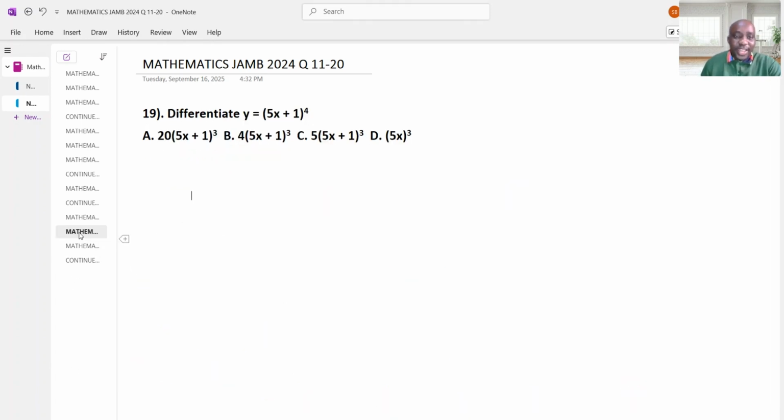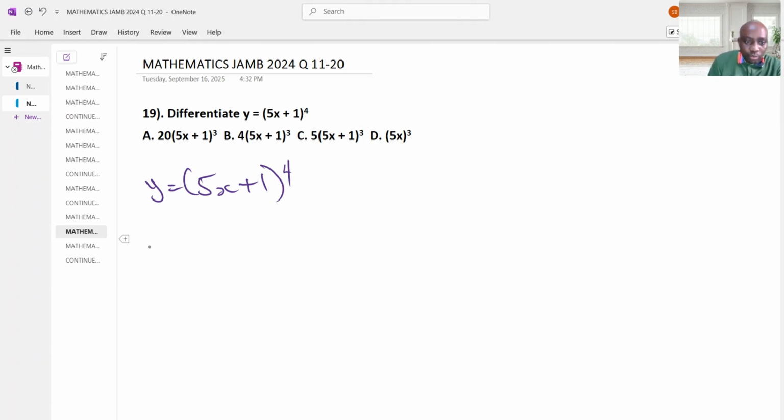Now, question 19. Differentiate y equals (5x plus 1) raised to power 4. Let me write the question out first. We are going to look for dy/dx, which is the same thing as the derivative, or differentiating.